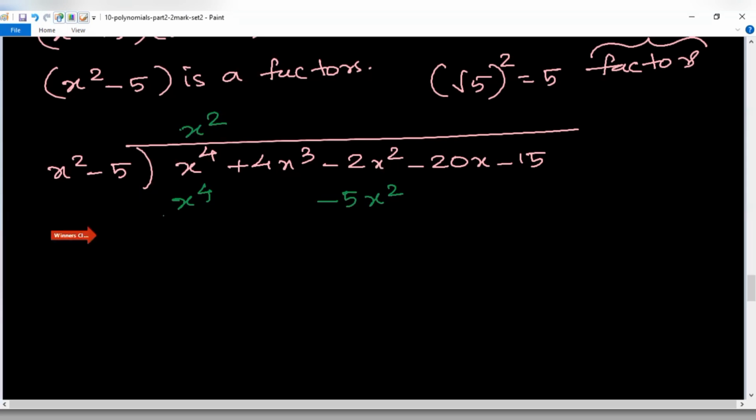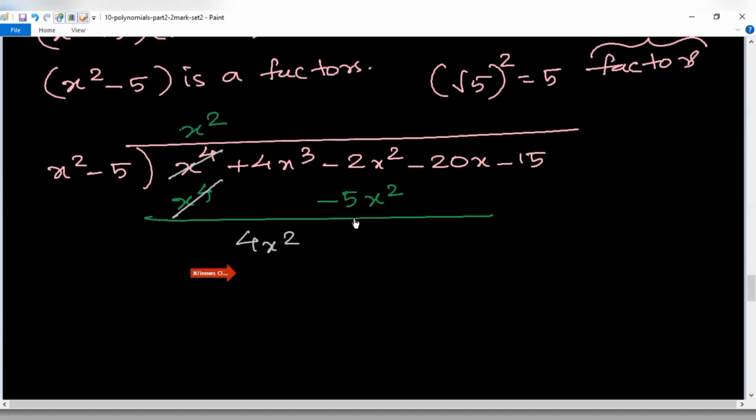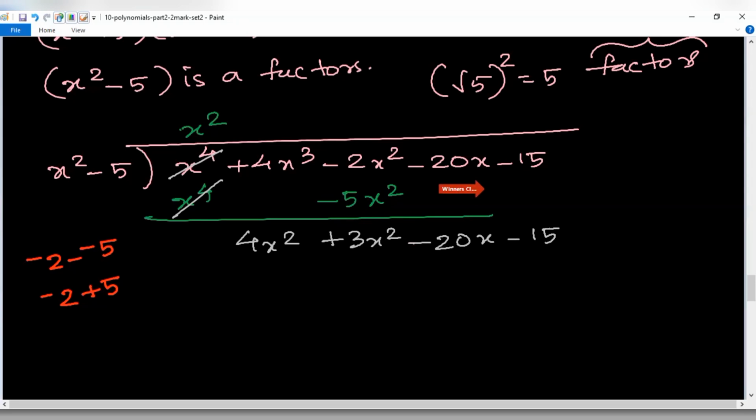Now we have to subtract. So x raised to 4 gets cancelled and 4x cube will come here. Now minus 2 minus minus 5. See, two negatives coming together, so it is positive. So minus 2 plus 5, that is, we have to subtract 2 from 5. So it is 3. So it is plus 3x square. Now other two terms don't have any like terms, so we can write them down as they are.